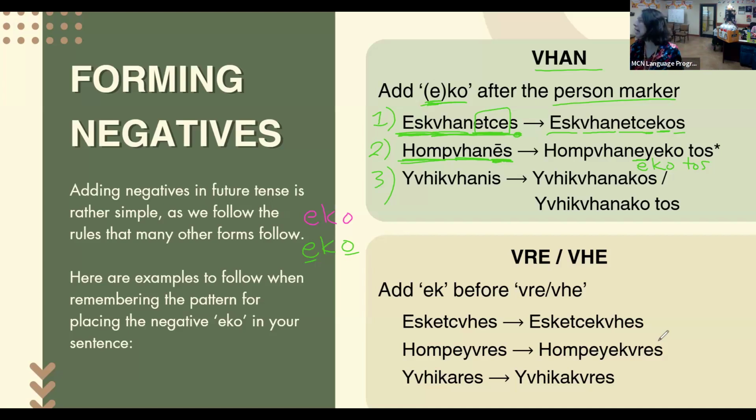Number 3, yehegahanes. I'm going to sing yehegahanes. So yeheg stays our verb, root ahan, and then a is our person marker. But, if you haven't done negatives in a while, you might want to go back. A plus ego.